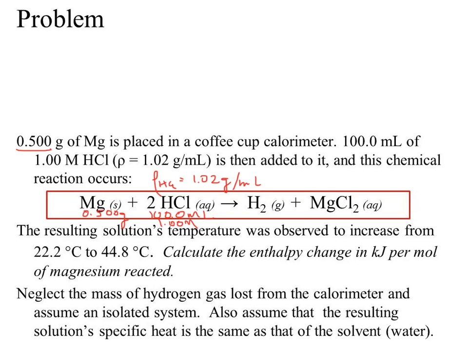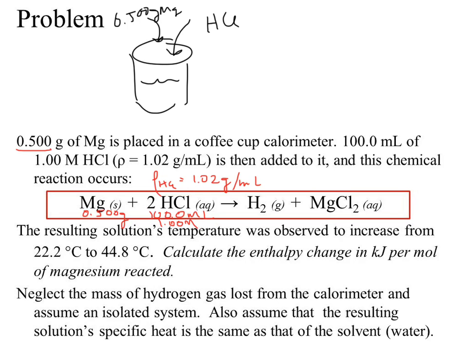On to drawing the beaker, which is going to be our system where those two reactants are going to dwell. In goes my 0.500 grams of magnesium, and in goes my HCl, because notice that we're given the volume and the density.